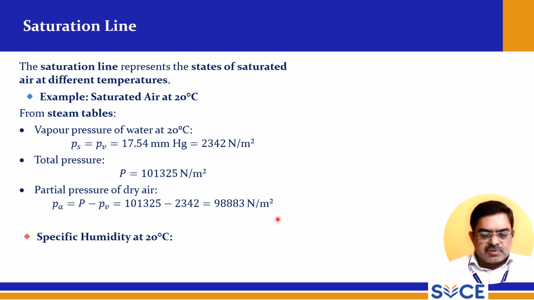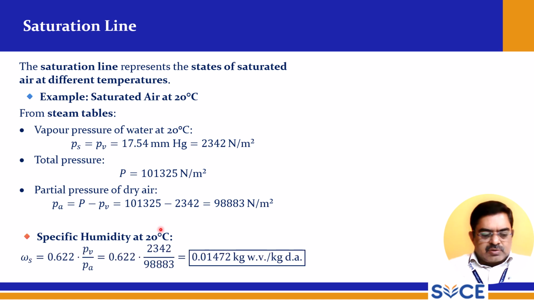Now the specific humidity at 20 degrees Celsius. Omega s, we know this equation, we have seen already to find specific humidity: 0.622 into PV by PA.